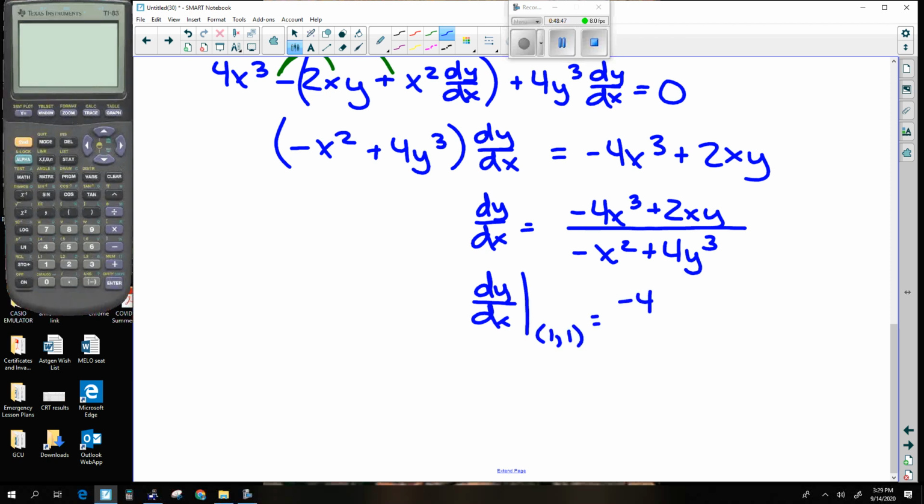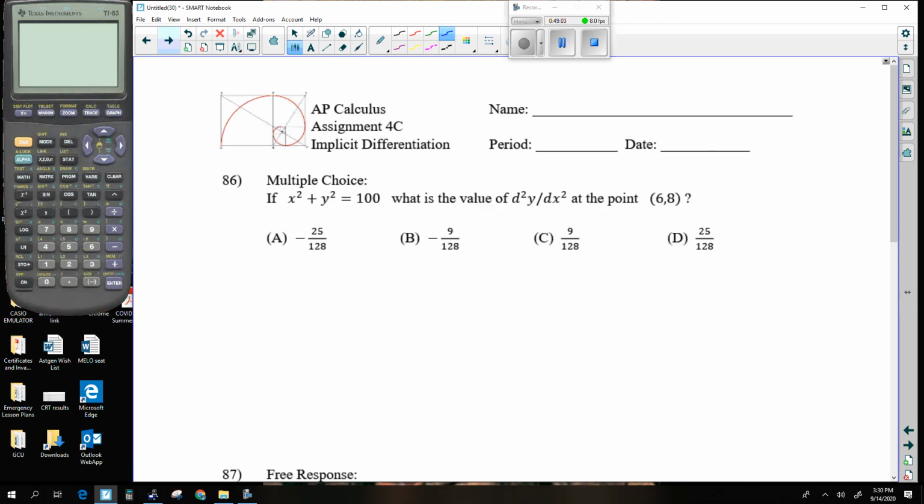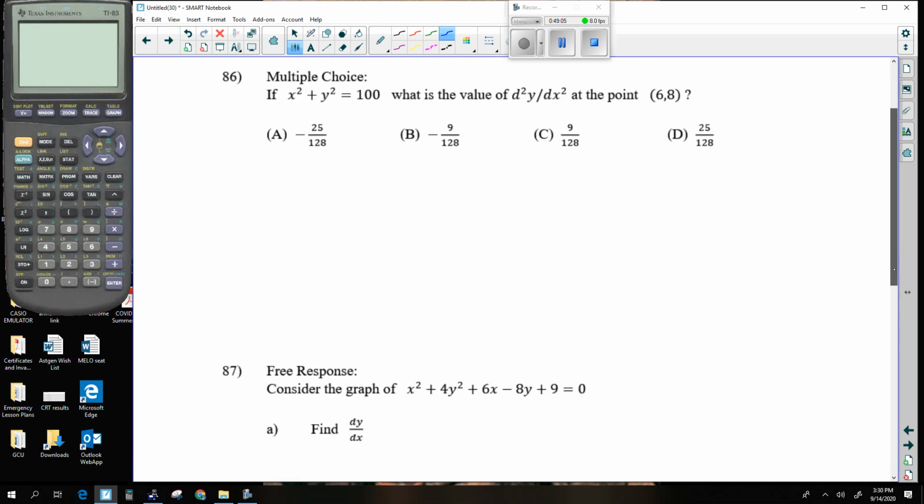So this is -4 plus 2 over -1 plus 4. Okay, second derivative at 6, 8.